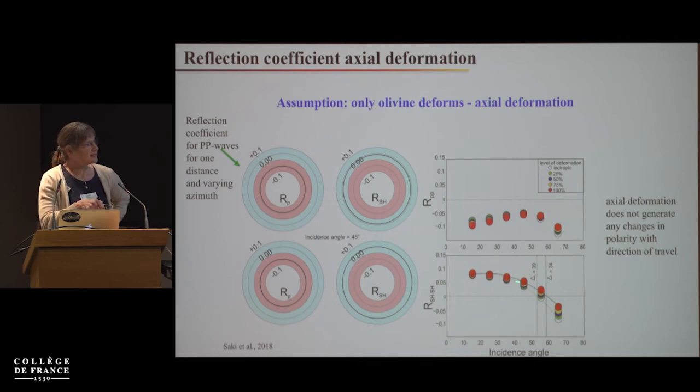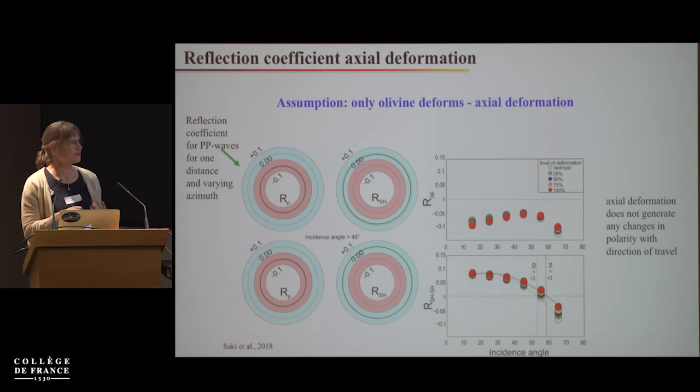It becomes slightly different in amplitude, but nothing that you can really measure in seismic data, or at least I wouldn't really do it. But there's no variation with azimuth, and that's the important part here.